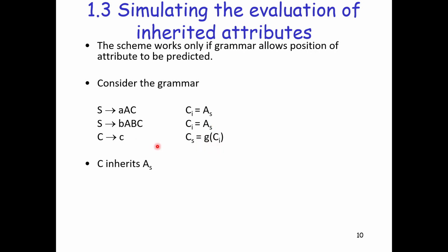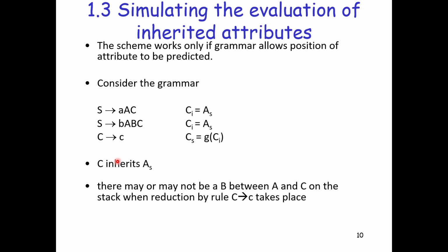In C, the inherited attribute Ci is getting its value from A. This Cs is computing the synthesized attribute from this C. While we look into these two productions, there may or may not be a B between A and C on the stack when reduction by rule C gives c takes place.